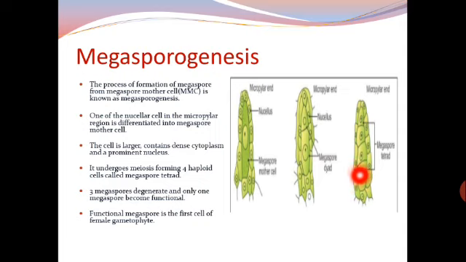So, 4 megaspores are present over here, out of which 3 will degenerate and 1 remains functional. The functional megaspore is the first cell of the female gametophyte.